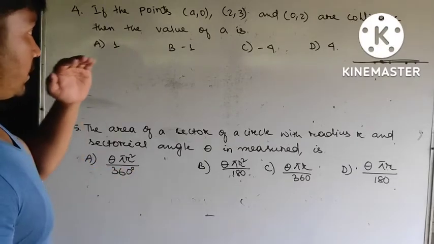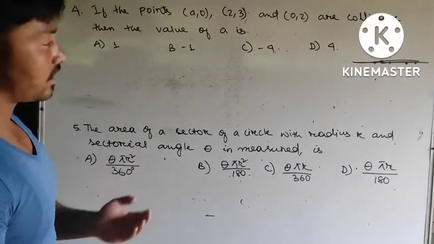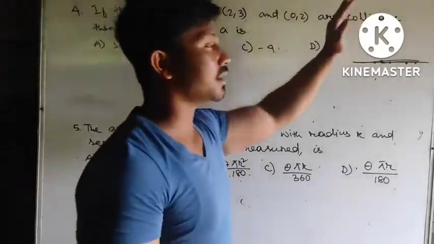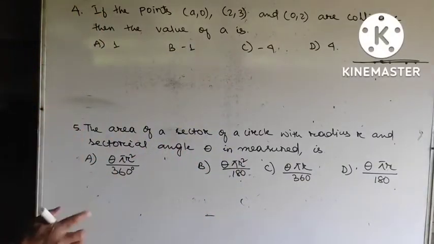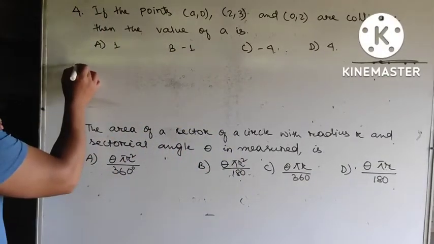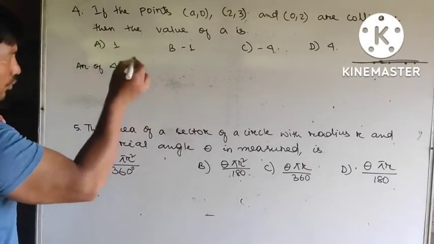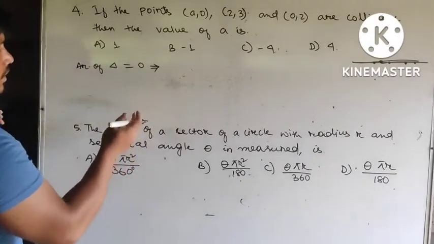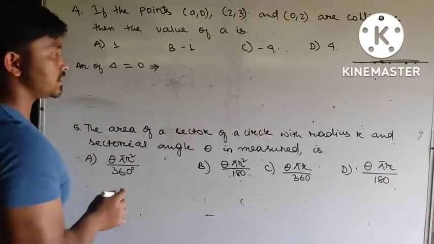So here we are going to apply the area of triangle formula. If the points are collinear, then the area of the triangle is equal to 0. So let me solve here. Let me go this way because I have little space here.